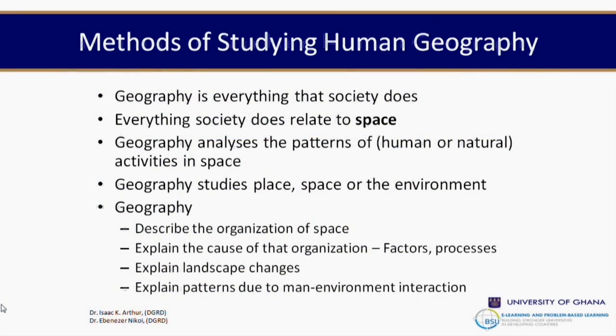We learned that it concerns itself with everything that society does in relation to space. It also analyzes the pattern of human activities, and this could be in natural or human settings. It could also be about the study of place, space, and the environment. And you remember we had a diagram which interrelates these with each other.